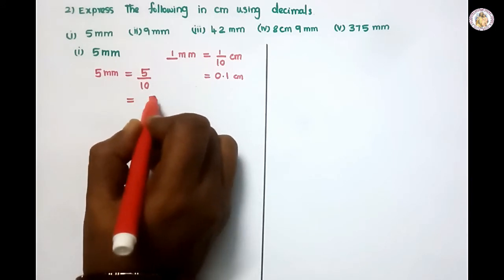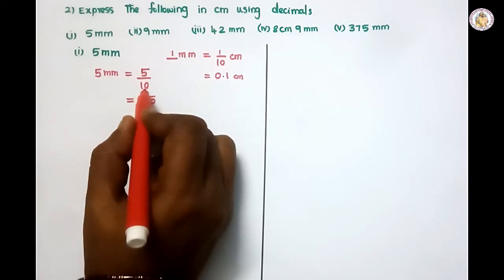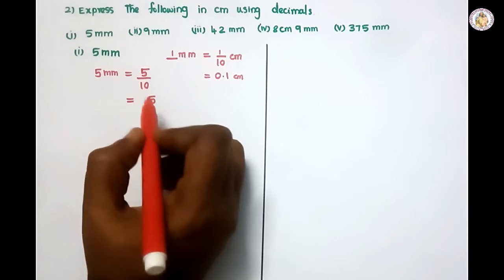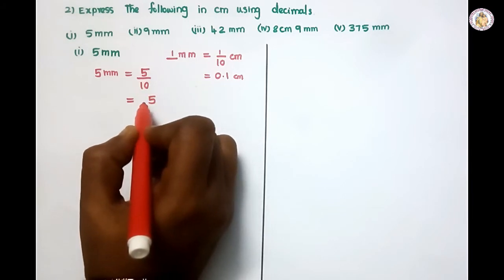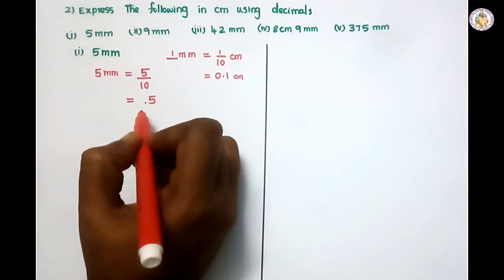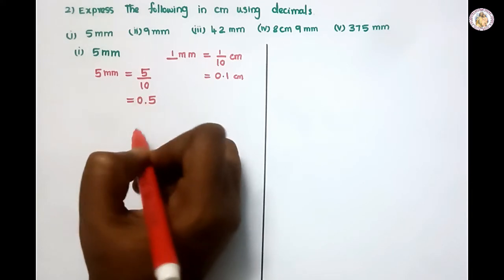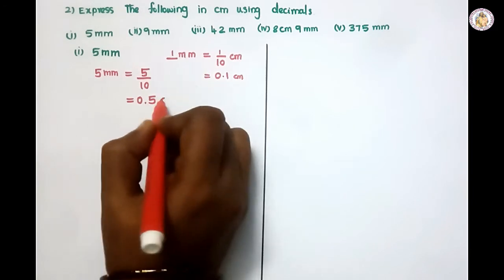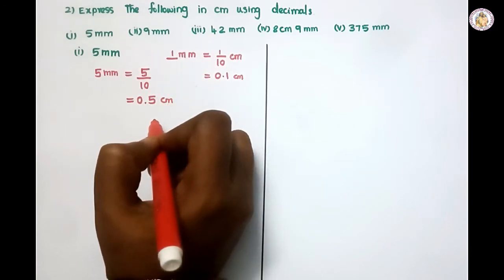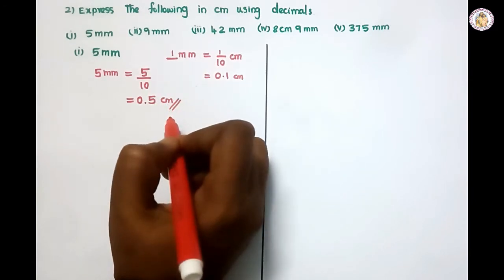I write down 5. Here 10 is there in the denominator, so before the one digit we have to keep the point. So 0.5 centimeter. That is the answer.